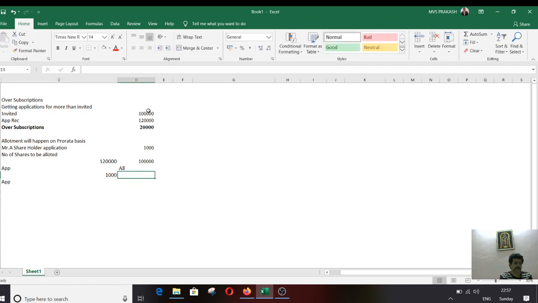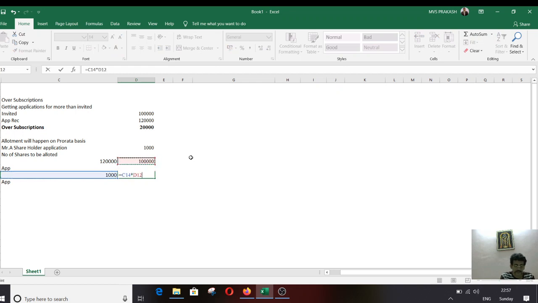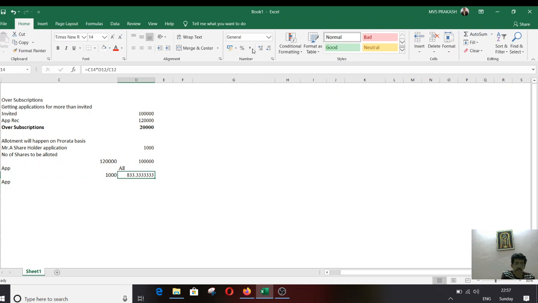How many shares will I allot? Proportionately. That means 1,000 into 1 lakh divided by 1,20,000 is going to give you the pro rata. So I will be allotting him only 833 shares. That is the allotment happening on a pro rata basis.